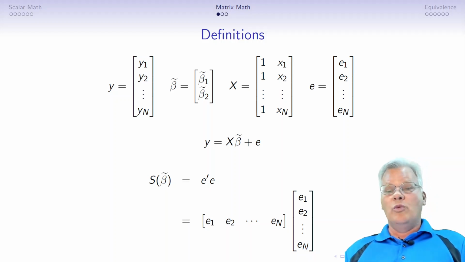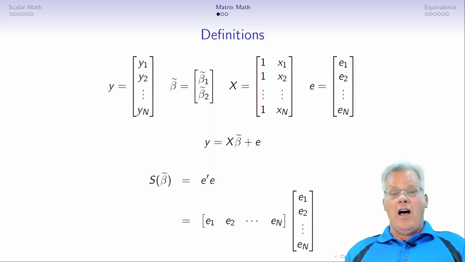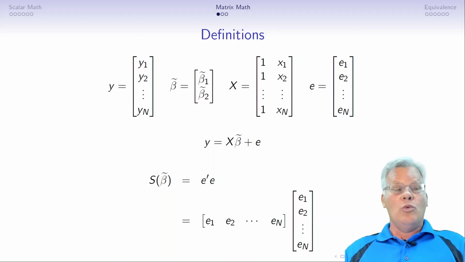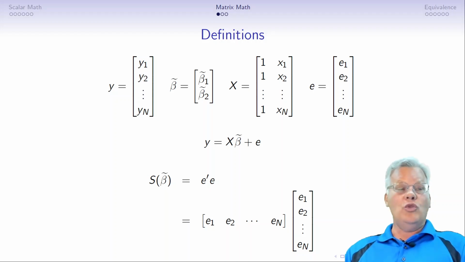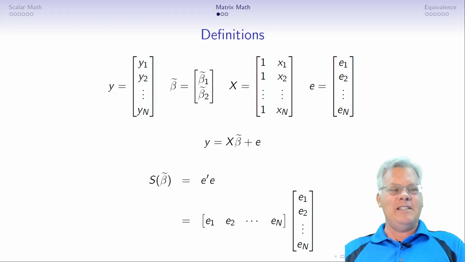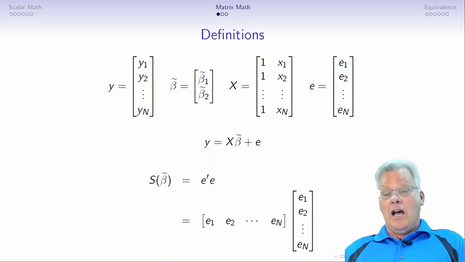The sum of the squared residuals is now defined as E transpose E. So if E is a column vector of the residuals, E transpose is a row vector of the residuals. And I show that in the final line. If I have a row vector of residuals multiplied by a column vector of residuals, you recall that when I do matrix multiplication, I would have E1 times E1 plus E2 times E2 plus E3 times E3 and so on and so forth up to E sub n times E sub n.